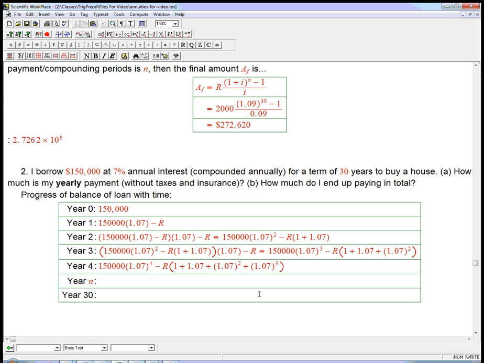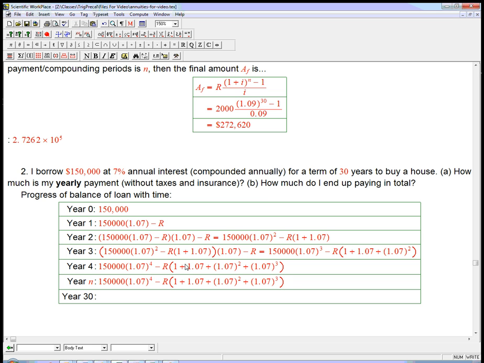After year N, it's going to be very similar. And this is about where we got to. We had a problem like this where I gave you the R as a known quantity. And with some difficulty, we got to something like this with different numbers. But we got this pattern. We got regular interest minus the payment times the geometric series.